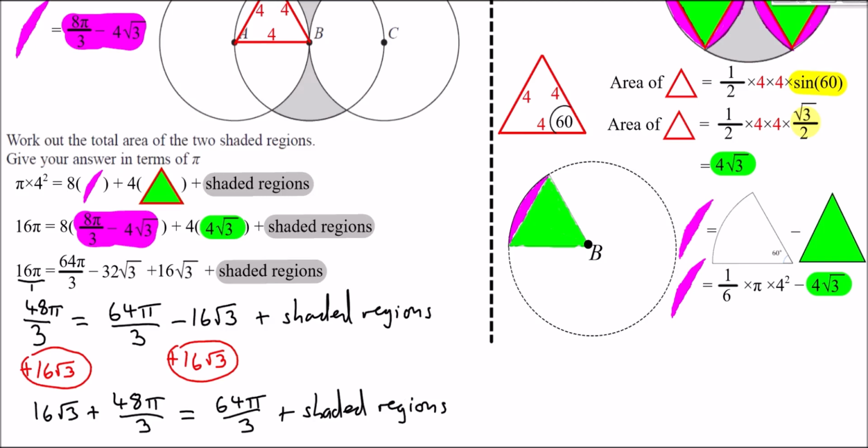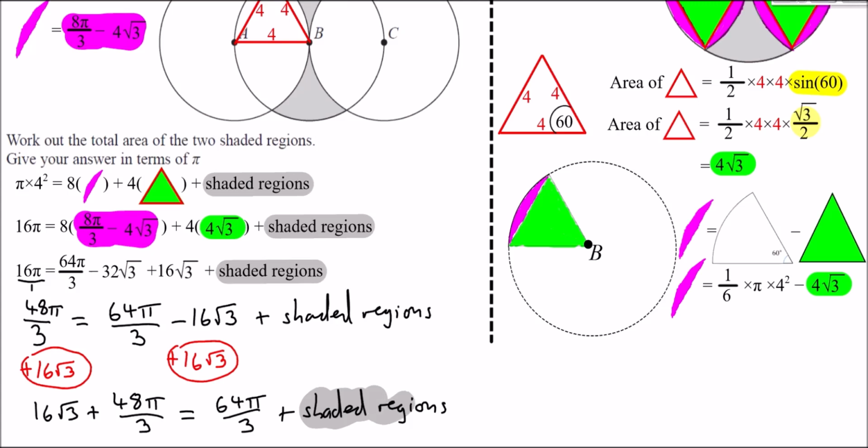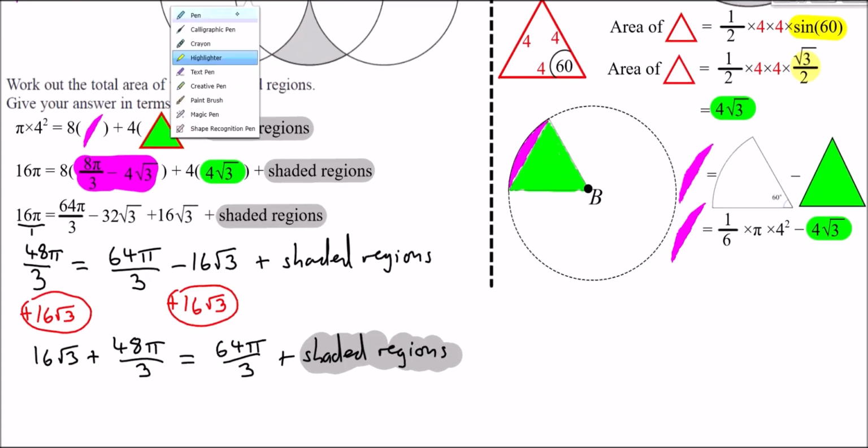So to get these shaded regions on their own, in terms of an area, we can just subtract 64 pi over 3 from both sides of this equation, and that's going to be, thankfully, our final step.